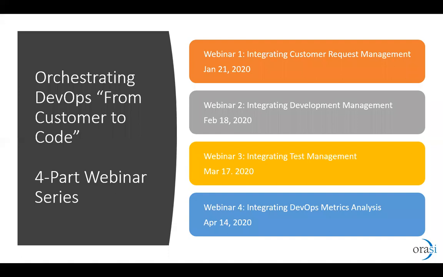And in this month's webinar, we're going to talk about integrating development, so getting the developers and development planners involved in the process as well. As you can see, we have 2 more webinars coming up in March and April as well to extend the process, to talk then about quality assurance and test management, as well as metrics analysis. So stay tuned for those in the future.